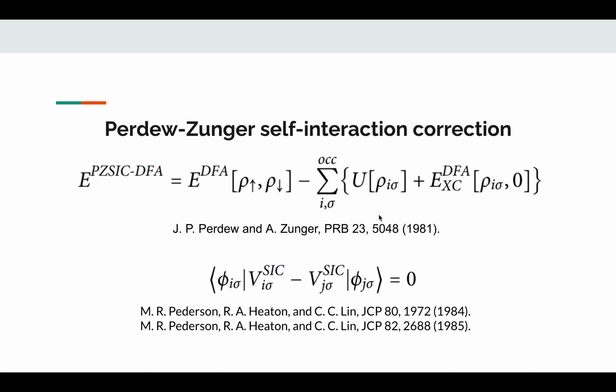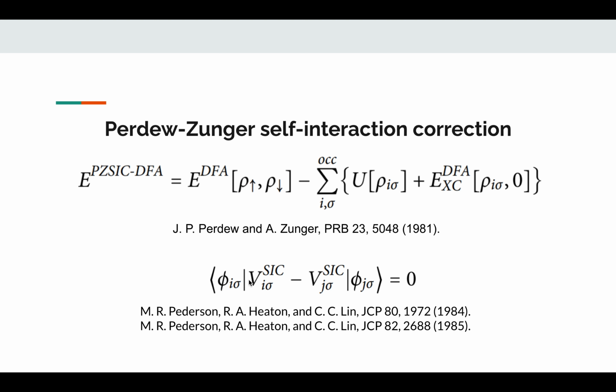The goal of the PZSIC is to find the set of local orbitals that minimize this total energy. In the traditional PZSIC approach, to achieve that goal, you solve this equation, also known as the localization equation or Pederson equation.